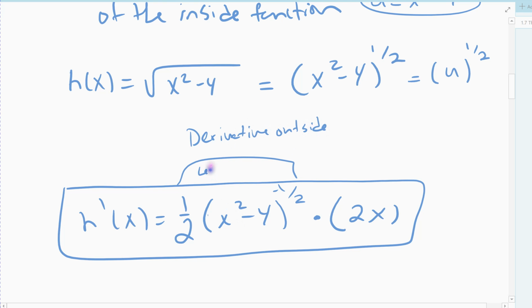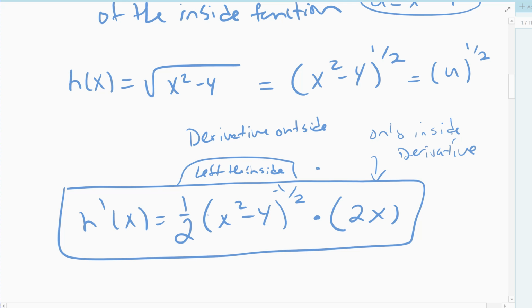We left the inside alone. I took the derivative of the square root part. That's the 1/2 pulled out front, raised to the negative 1/2, left the inside alone. Then it was times only the inside derivative. And that's the rule, and that's the tricky part.